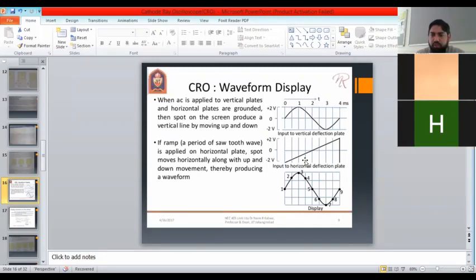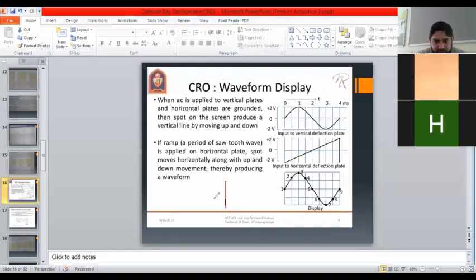First of all, I was applying previously a DC signal, 2 volts, 4 volts, 8 volts. Then I could change the polarity, -2 volts, -4 volts. You people got that. Now, if I apply an AC signal to the Y input plates, what will be the deflection of the dot? What will I see on the screen?